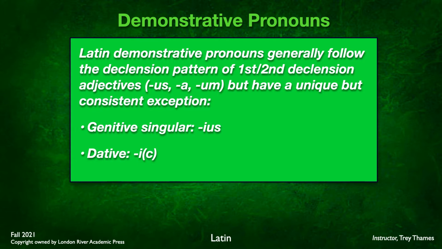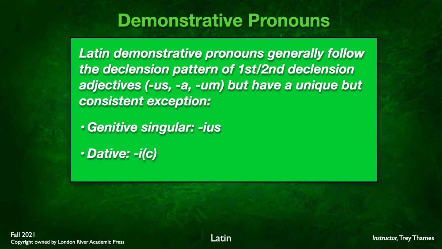That's the consistent pattern that you've learned for first and second declension. Well, these demonstrative pronouns will follow that pattern with the exception of genitive and dative, and they will have this slight variation, but it's consistent in all three: masculine, feminine, neuter. The genitive becomes -IUS, and the dative becomes either -I or -IC.